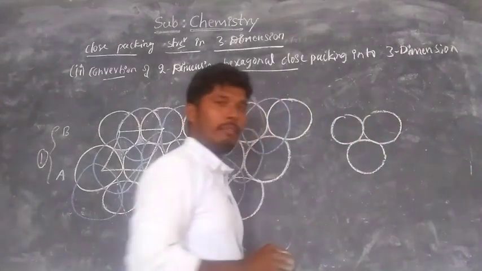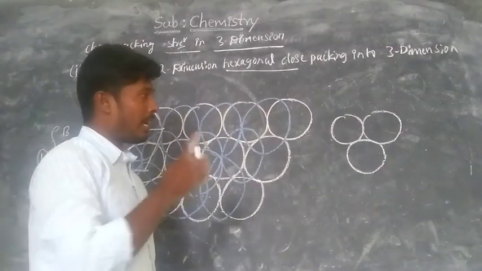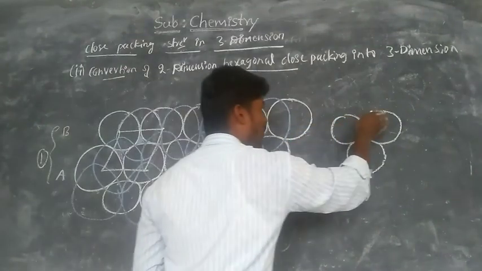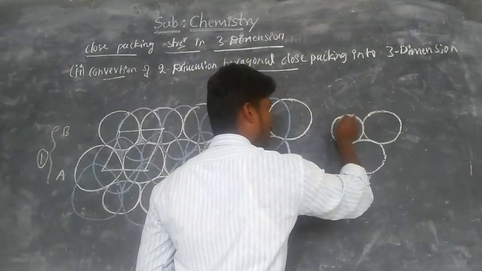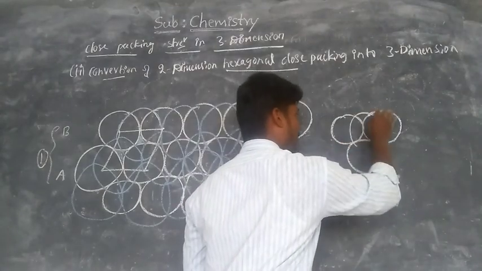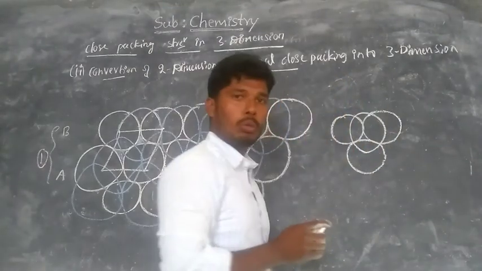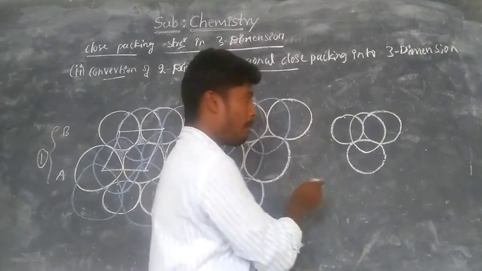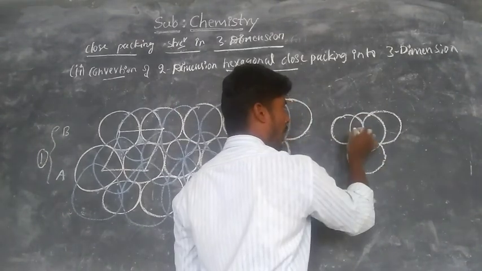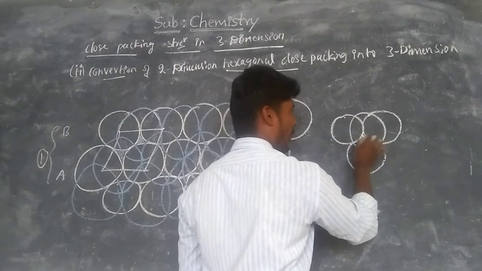Taking layer 1 as A, layer 2 is exactly placed over the depression regions of layer 1. Layer 2 is placed exactly on these depression regions, and when it sits, observe, this is layer 2, this is layer 1, and you get a node here, one node.